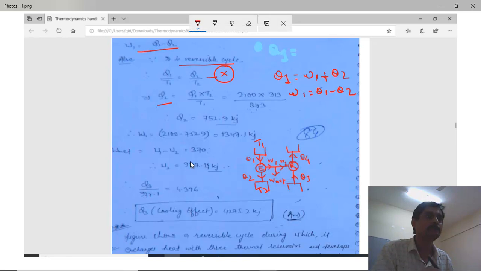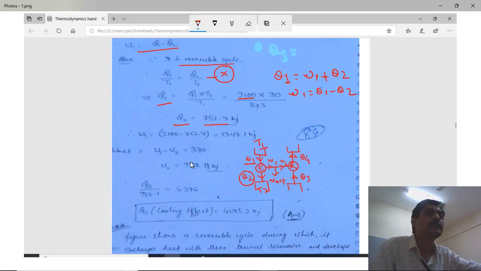Q1 is given as 2100 kilojoule of heat extracted from T1. Q1 into T2, which is 313, divided by T1, which is 873, gives Q2 equal to 752.9 kilojoule.